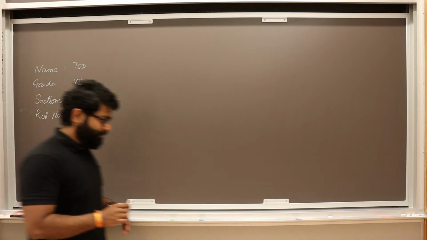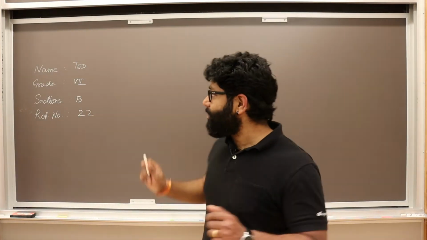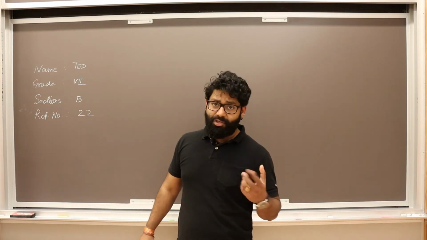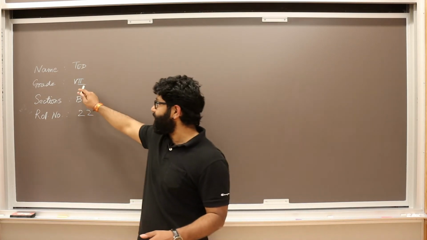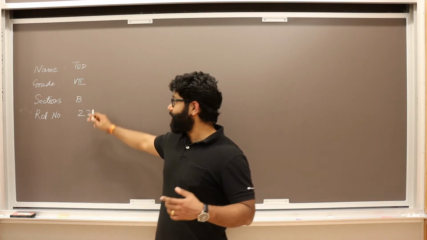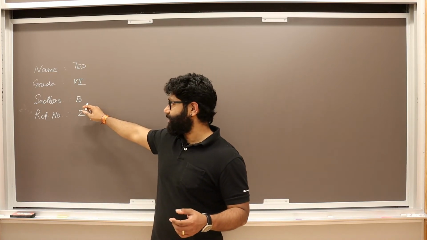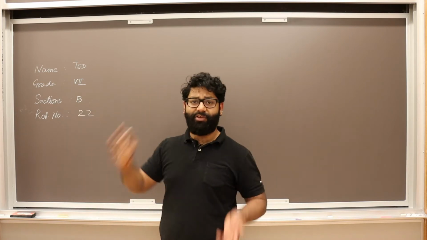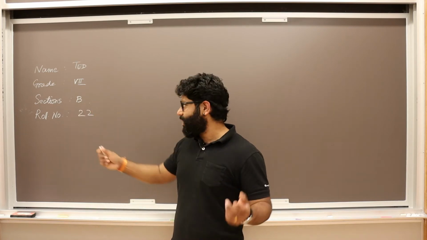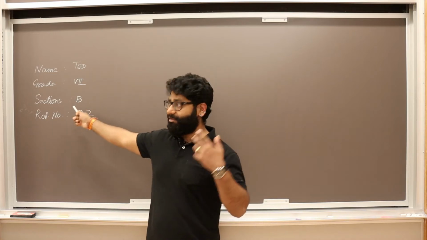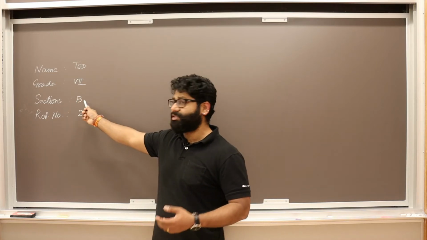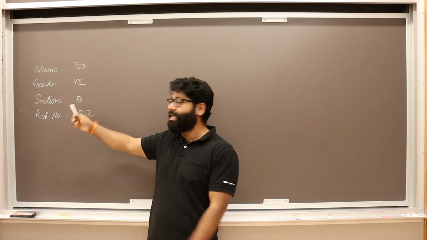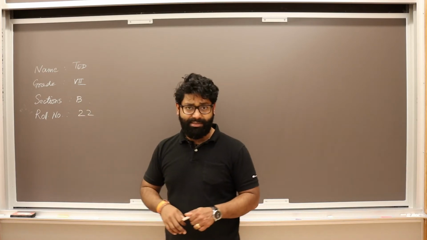Okay. Now, in your school, there can be many students with the name Ted. Also, there can be many students studying in grade 7. Similarly, there will be many students studying in section B, right? So you have all these different grades, grade 1 through 10, whatever, and each of them have different sections, and all the sections that are named B will have a huge number of students, right?